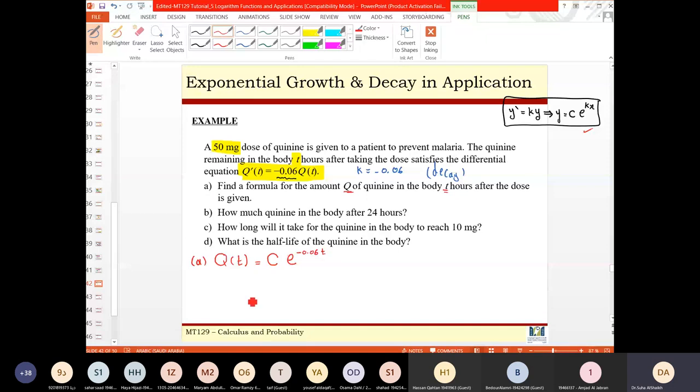This is my differential equation. And what is the C? It's the initial amount, the amount I put at the beginning. How much did I put at the beginning? 50. Excellent. So from here I get Q of T is equal to the initial amount 50 exponential of minus 0.06 T. And this will be my equation.